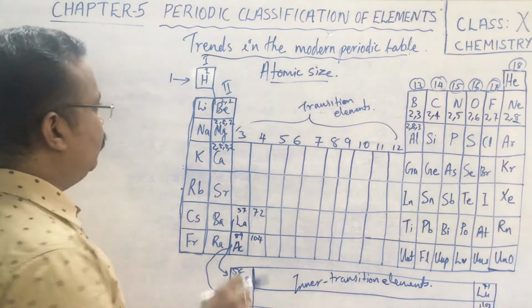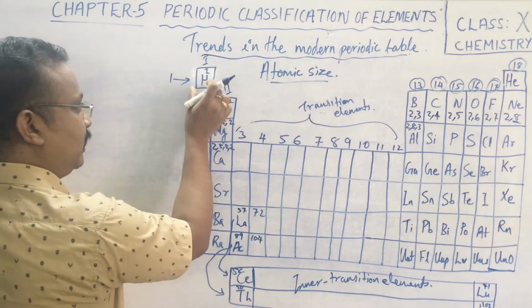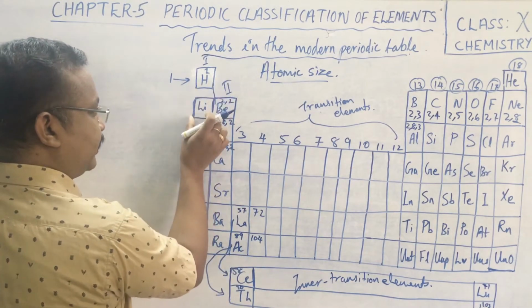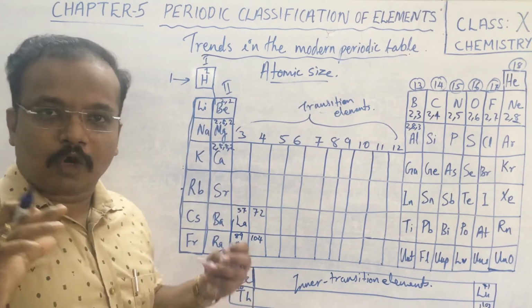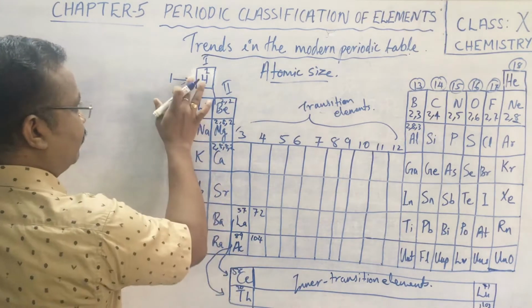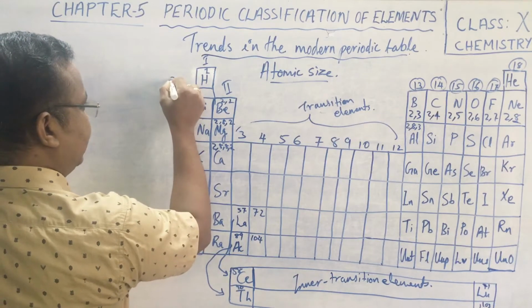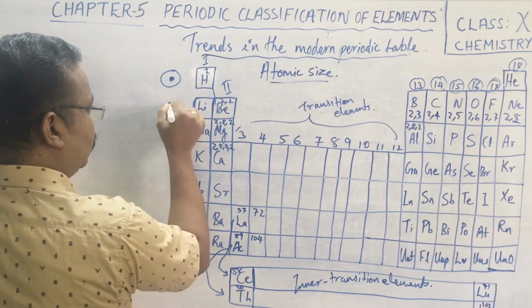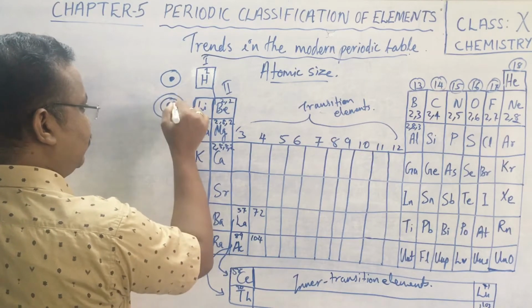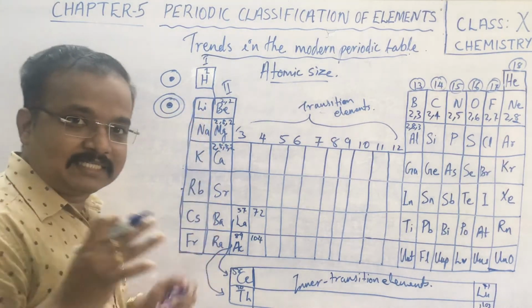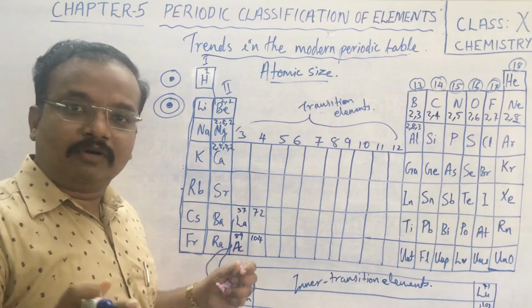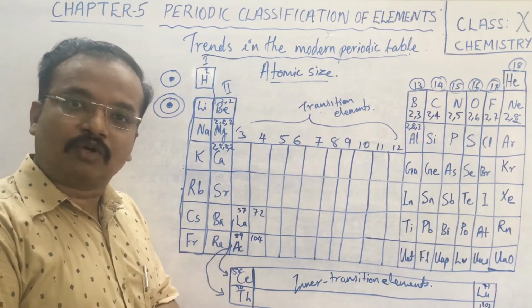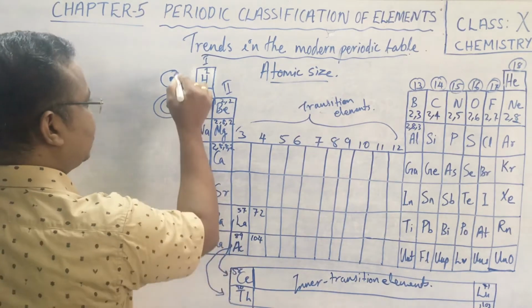Children, as you know, when an element comes from one period to the next period, one orbit is increasing. First, in case of hydrogen there is only one orbit, and in case of lithium there are two orbits in which electrons are present. So the first case, hydrogen, one electron.